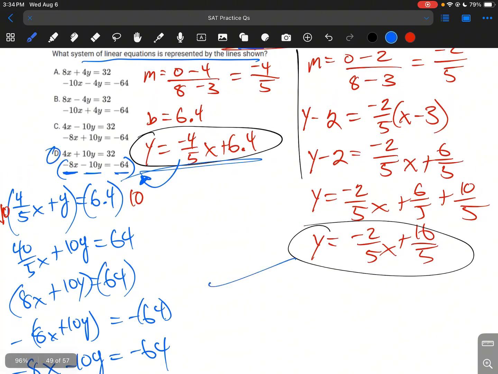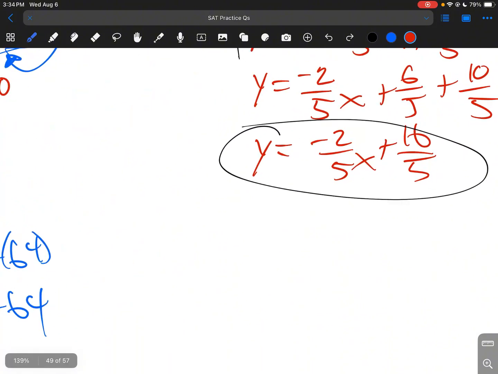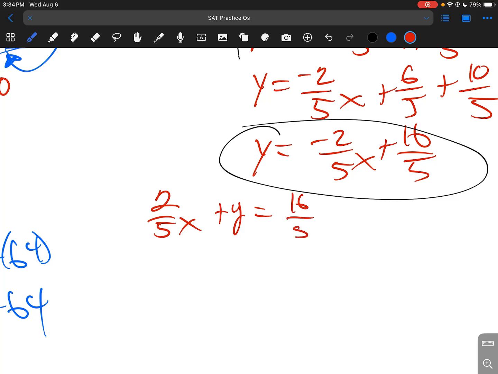So we don't even have to do this one, but we'll do it just for practice's sake. Move everything to one side. So move this here. You get 2/5 x by adding that term, plus y is equal to 16/5.